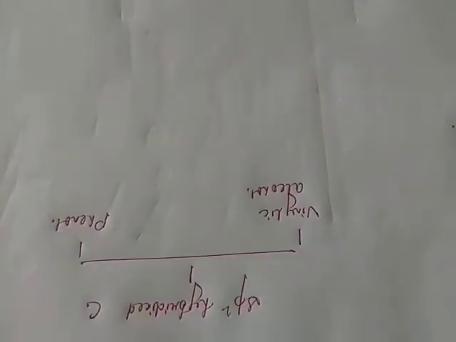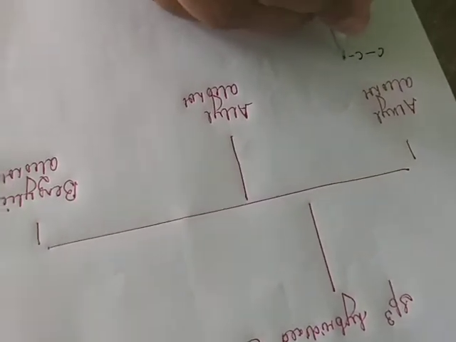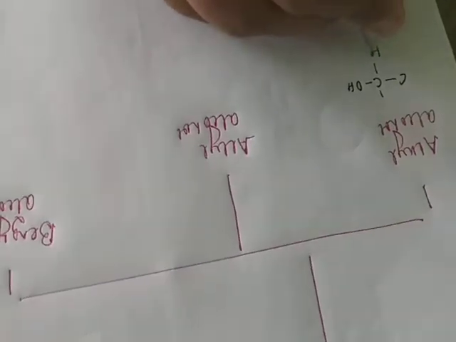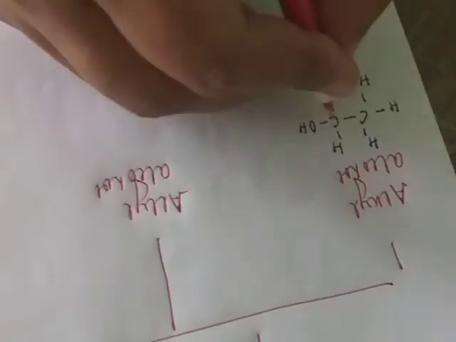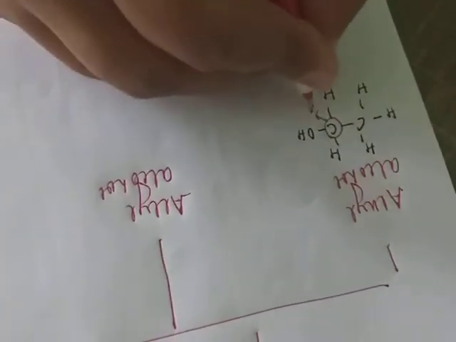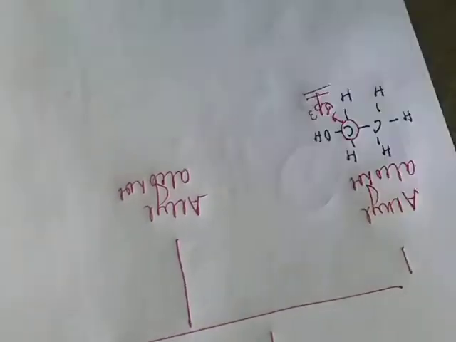Let's see how we can actually make this. In fact, if this is just an alkyl group and this carbon bearing OH is sp3 hybridized, this is an example of alkyl alcohol.